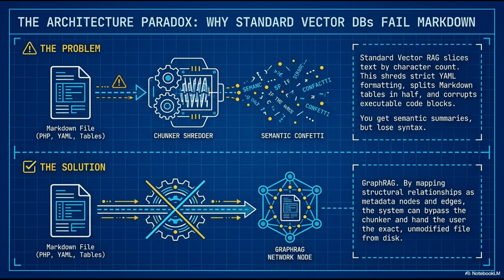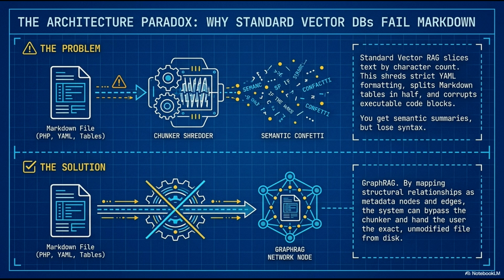Right, and Vitally realized this, which is why he turned to GraphRAG. He wanted the system to map the relationships between his notes, but more importantly, he wanted the AI to hand him the exact, unmodified markdown file when he asked for it, like walking up to a card catalog that hands you the intact book. So to achieve that structural awareness, he uses LlamaIndex because it has native markdown parsing and property graph capabilities.